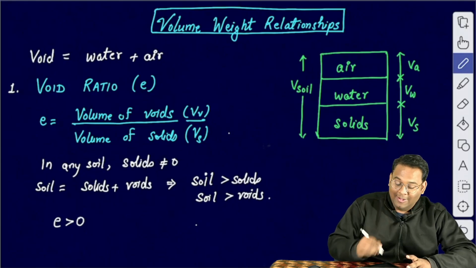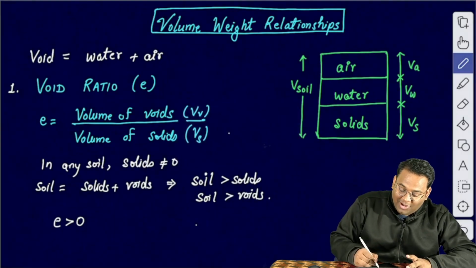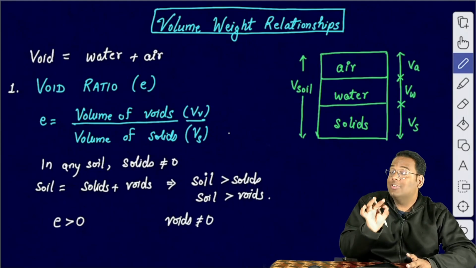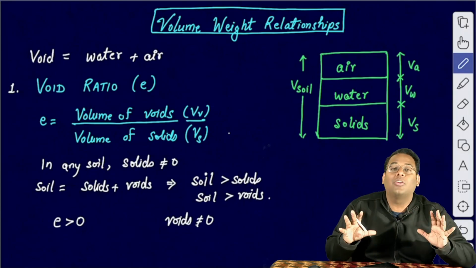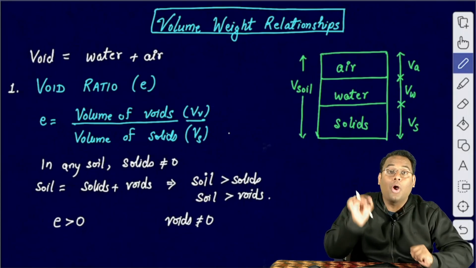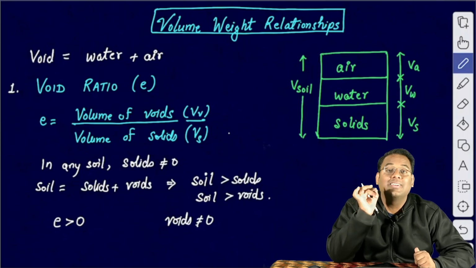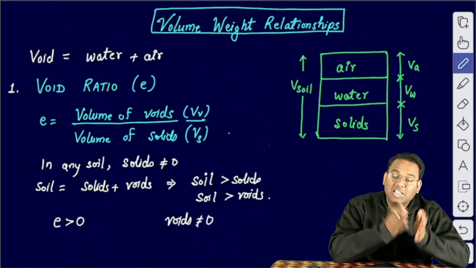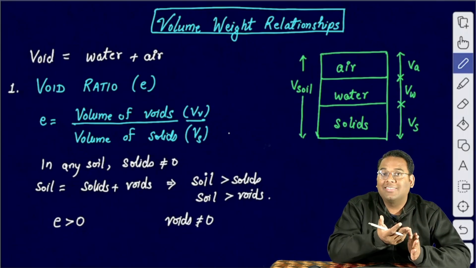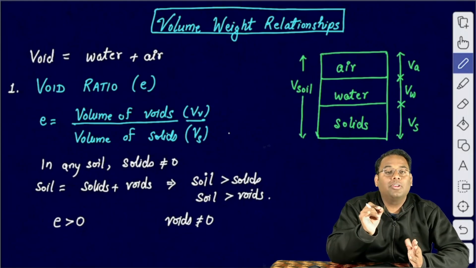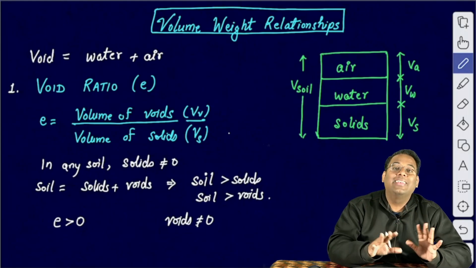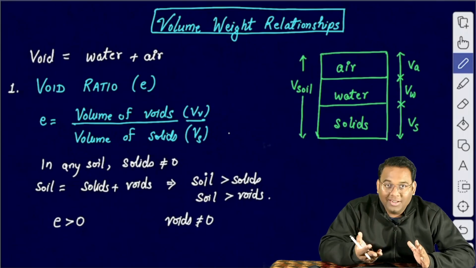But yes, voids can also never be equal to 0, because if voids are equal to 0, that means that particular soil will have only and only solids, not even a single crack present in that particular soil. And such a soil will be known as rock, not soil. So for a particular soil, no voids is not a possibility.